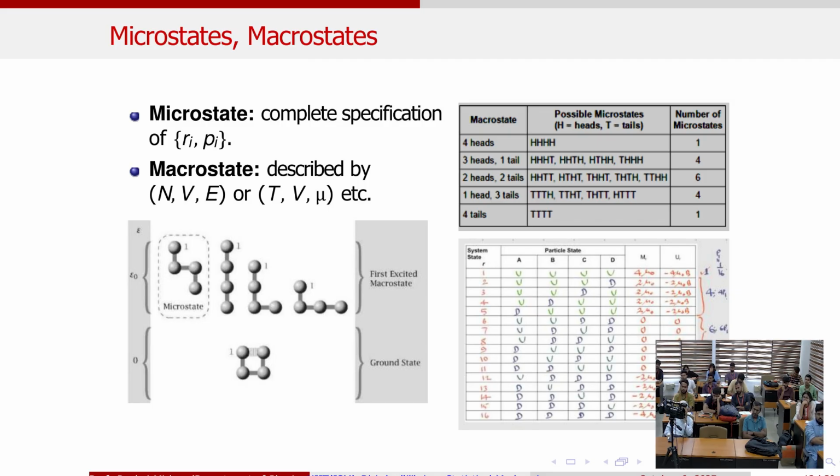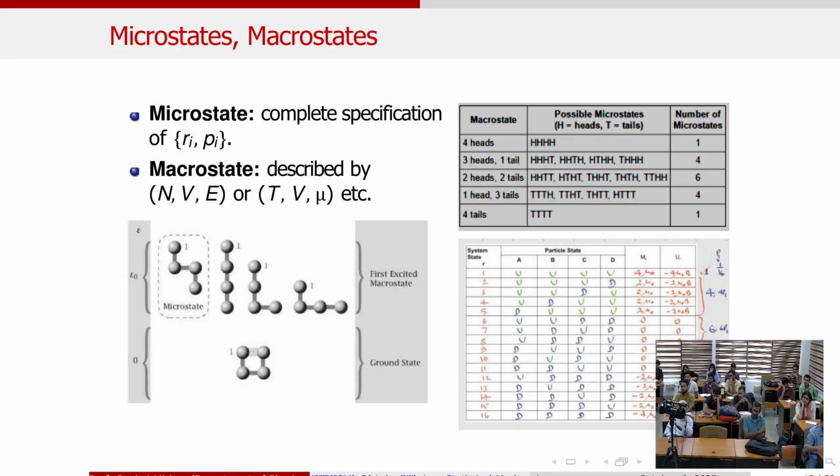Now if you go up, you will see that for the case of -2 mu naught B, there are 4 possibilities of arranging the particles, and for plus 2 mu naught B, we have 4 possibilities, and there is just one possibility for -4 mu naught B, where all the particles are up, and one possibility for all the particles being down.